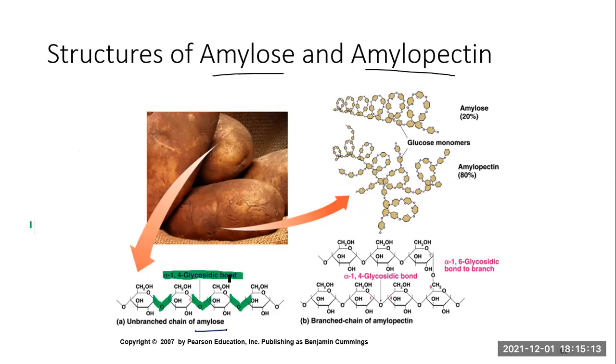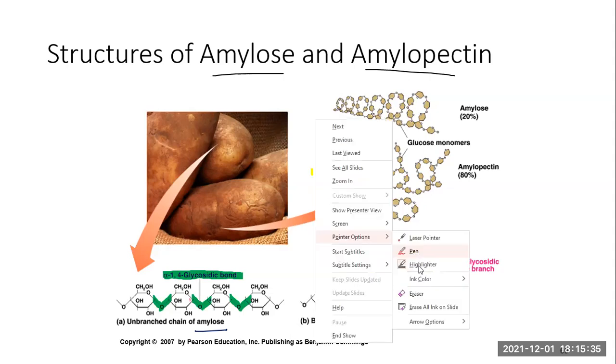Now, amylopectin is also a bunch of glucoses together in a straight chain. It has the same alpha 1,4 glycosidic bond. The difference between these two is that in amylopectin, there's actually branching.